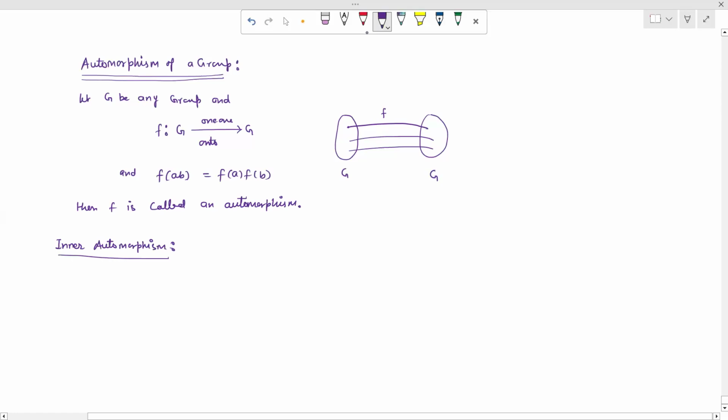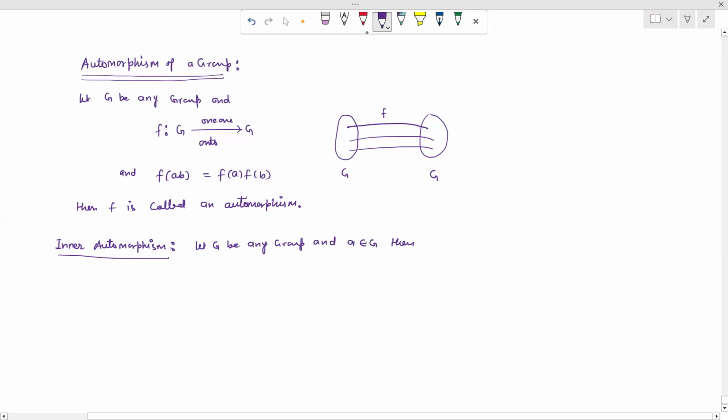So for defining inner automorphism, we take the same definition. Let G be any group, and a be an element of G.